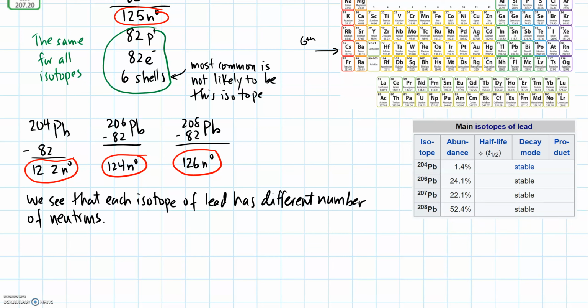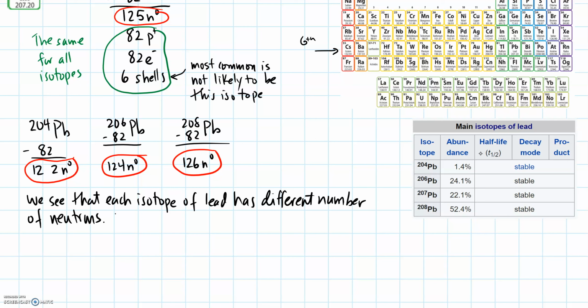So in lecture we talked about how typically the most common one is the one that's closest to the one on the periodic table. Okay, but one of the hints here comes in the atomic mass number that you see on the table.